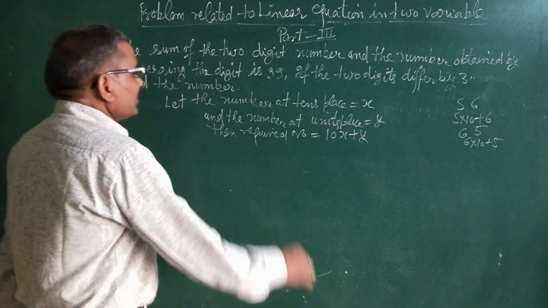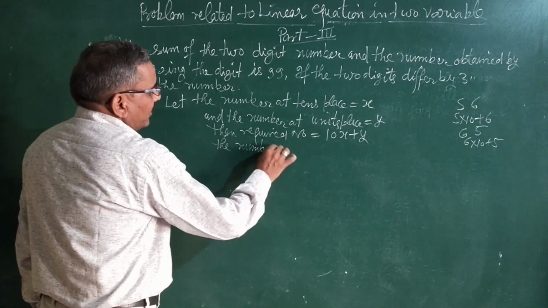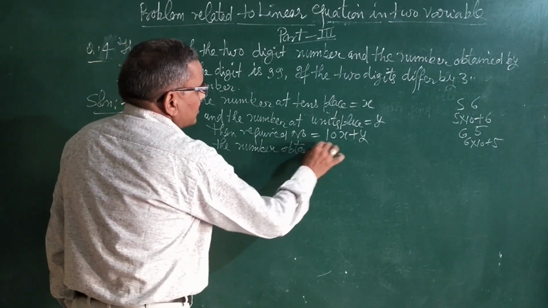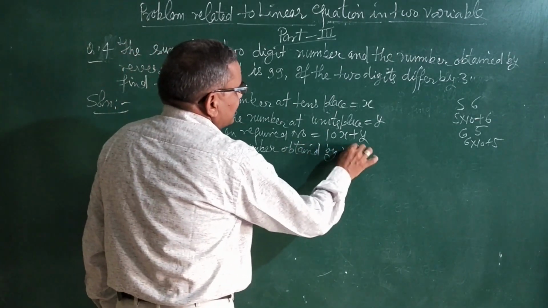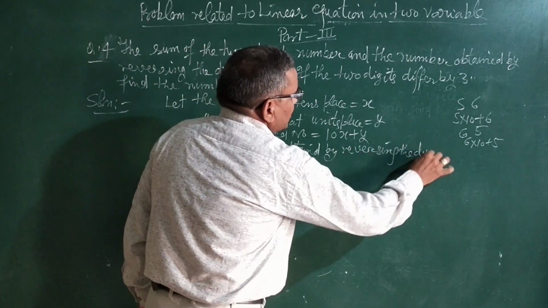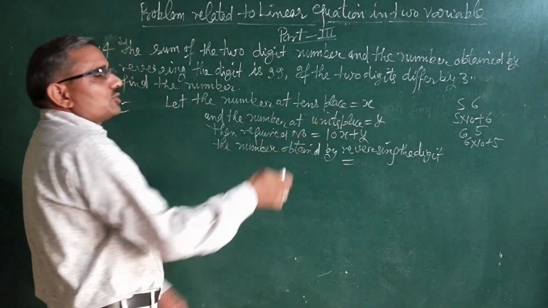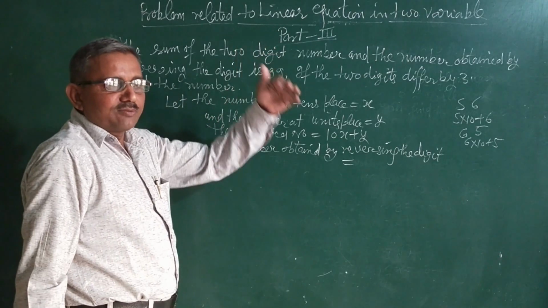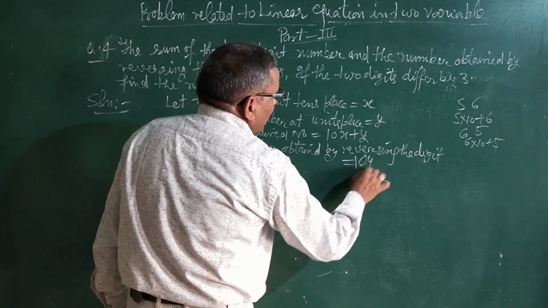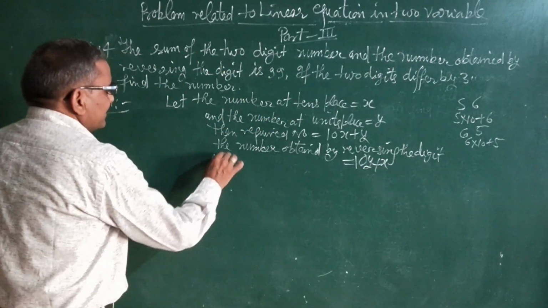The number obtained by reversing the digits: now the unit place goes to the tens place and the tens place comes to the unit place, so the number becomes 10y plus x.